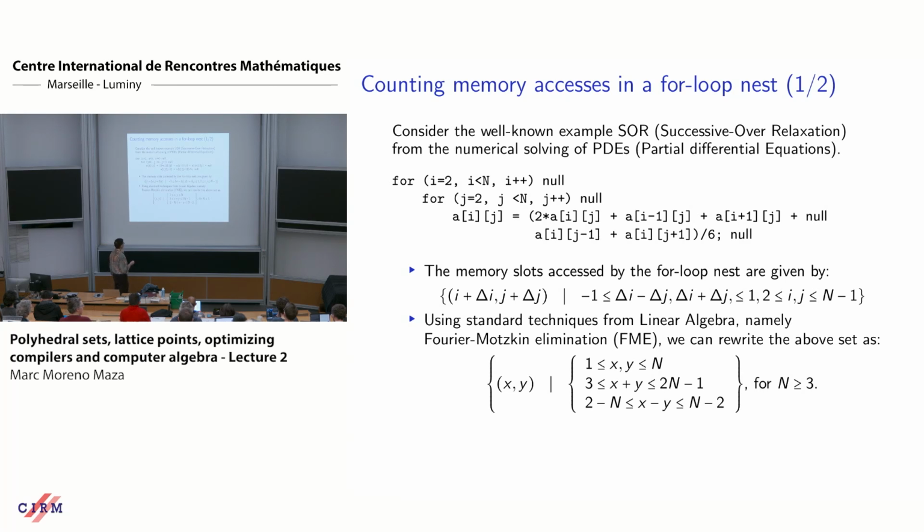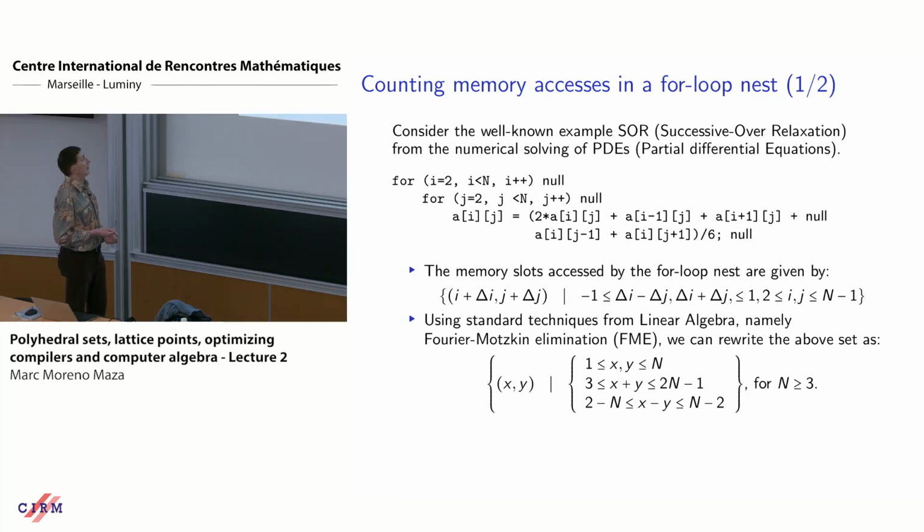Now, I will not insist on that part. One can easily check that the set of memory locations that are accessed corresponds to the set of xy points satisfying the system of inequalities. And so the question now is to give the number of integer points there as a function of n.